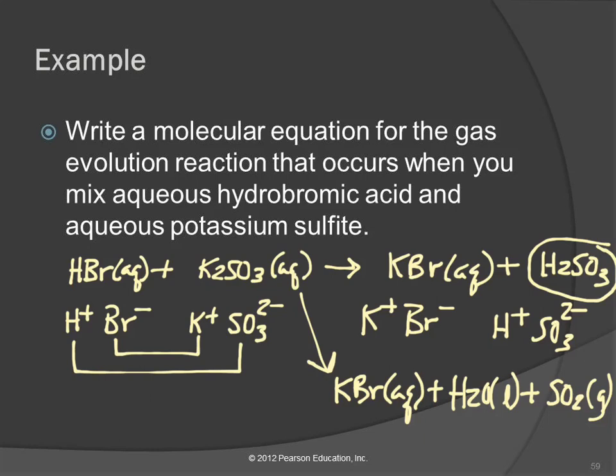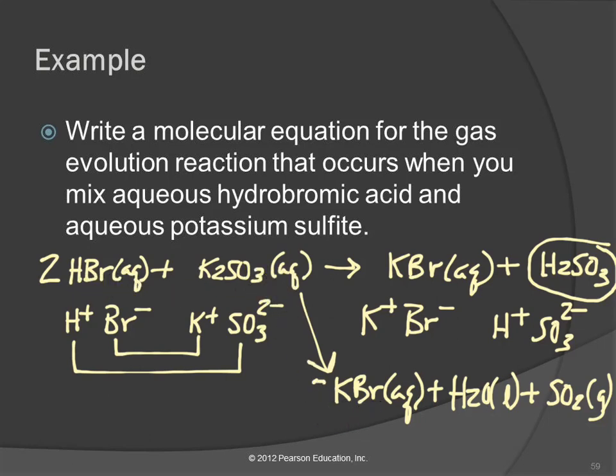There's our molecular equation. Is it balanced? Here we've got one hydrogen, and down here we've got two hydrogens. So we could fix that by putting a 2 over here. Right? So we have two hydrogens on each side. We have two bromines, and over on this side we only have one.